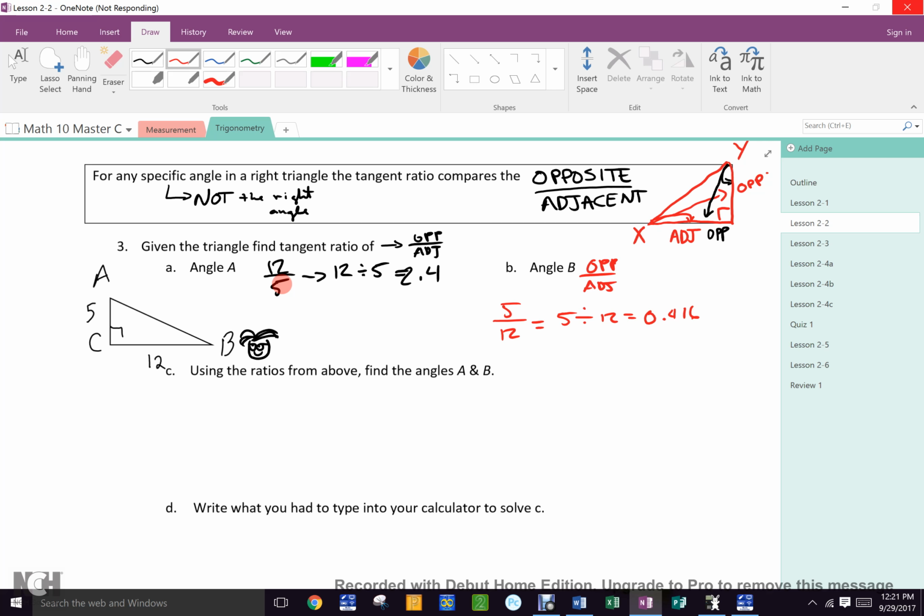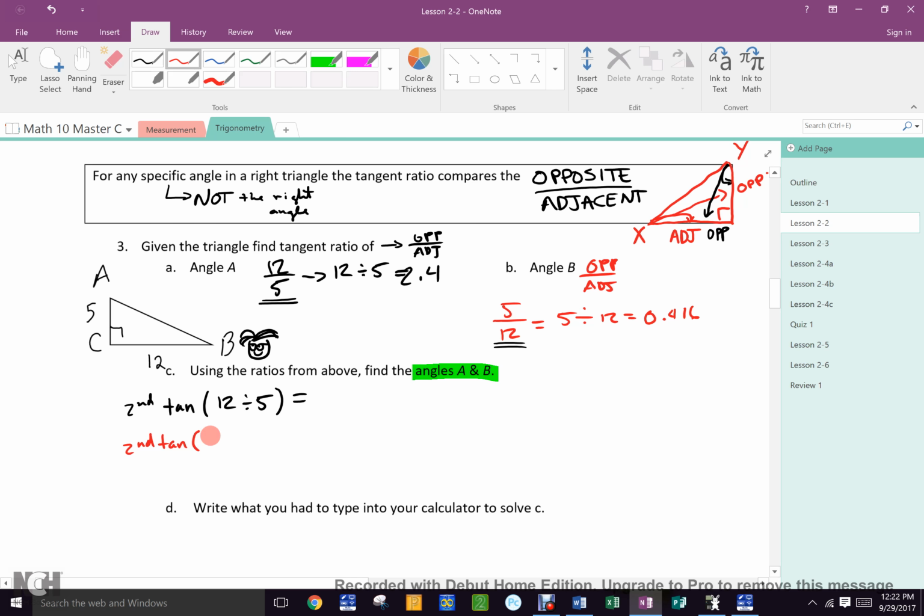So I go second tan bracket 12 divided by 5 bracket equals. And if I was doing the red one, what would I punch in? Second, tan, bracket, 5 divided by 12 bracket equals.